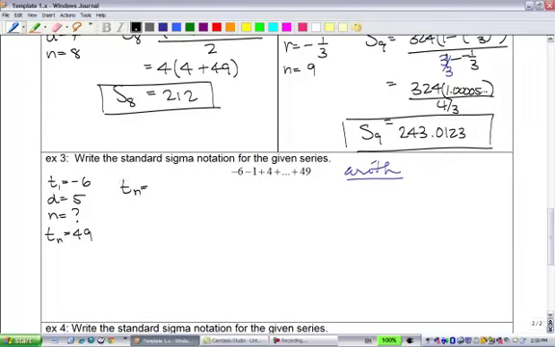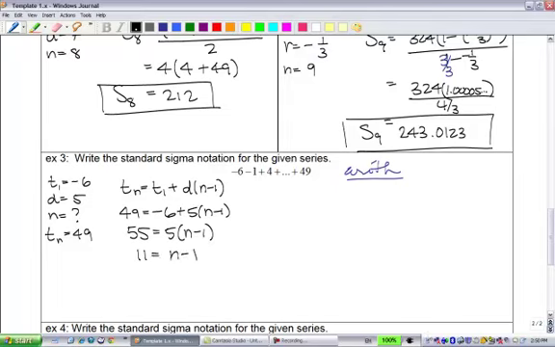Tn is t1 plus d times n minus 1, to figure out how many terms there are in this series. Let's see, 49 equals negative 6 plus 5 times n minus 1. Adding 6, we get 55 equals 5 times n minus 1. If we divide by 5, we get 11 is n minus 1. Adding 1, we get 12.